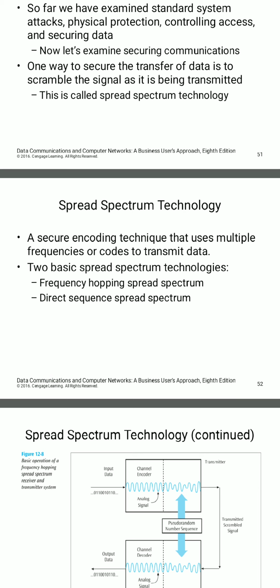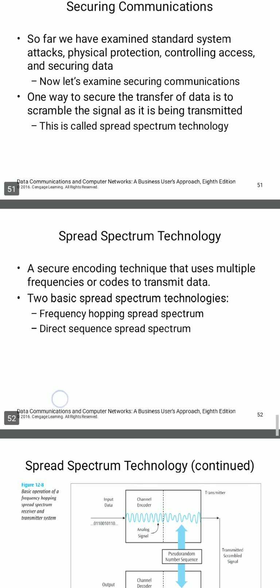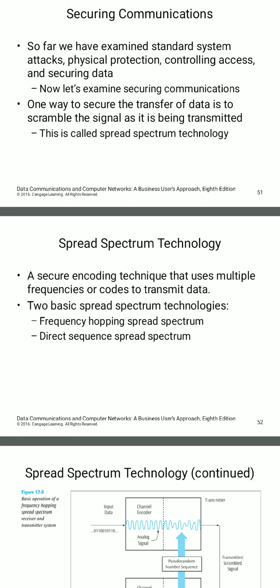One of the oldest methods for securing the data in order to transmit without having any trouble is spread spectrum technology, and actually, it transmits the data, let's say, not in a fixed bandwidth.